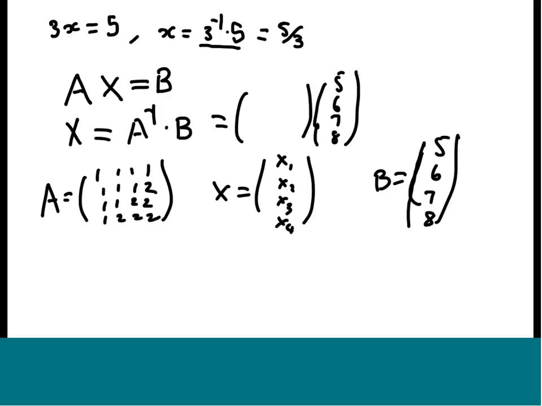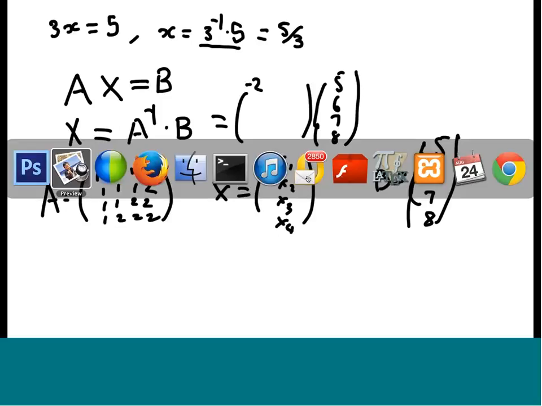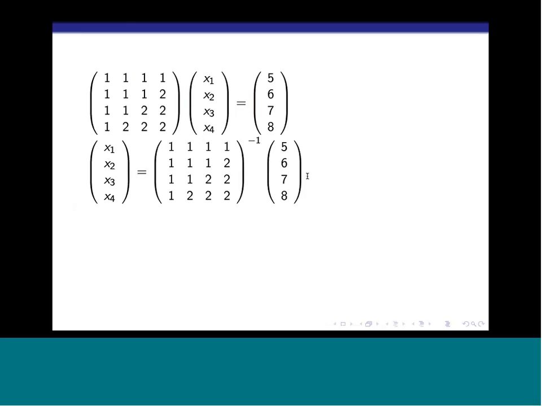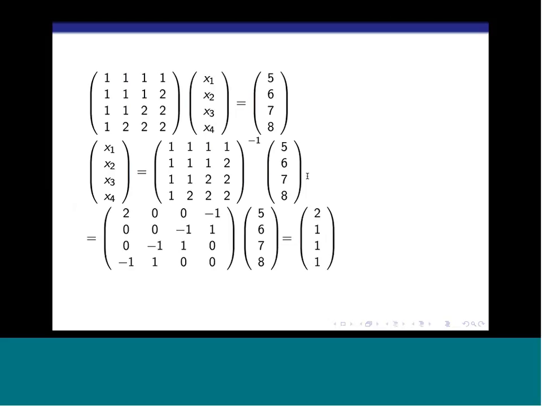So what is that? Let's see, I have a slide here anyway. So you got x1, x2, x3, x4 equal that. Then just multiply it by the inverse, you know that. Then you calculate. Wow, you just multiply it.